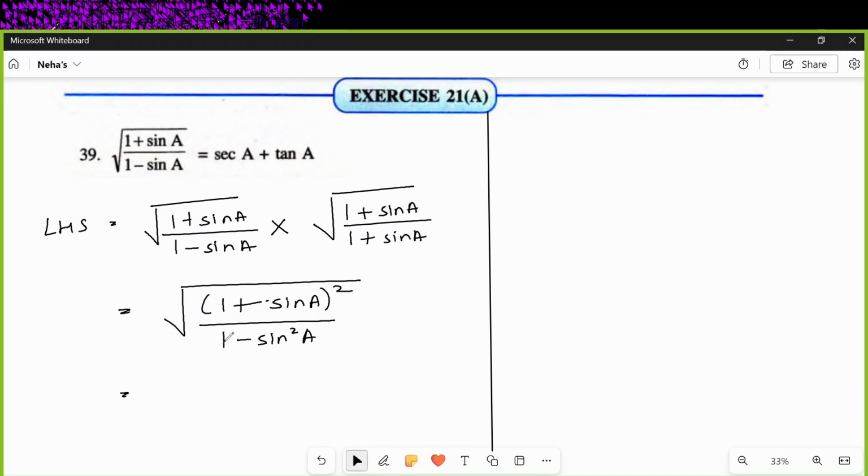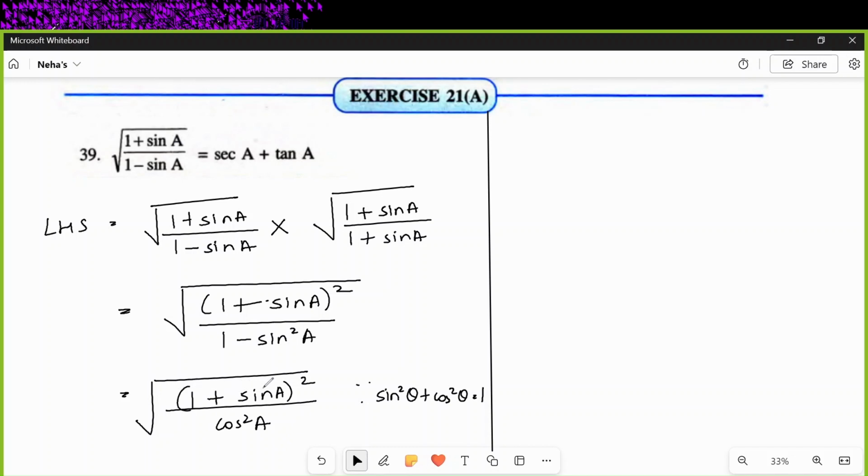Now 1 minus sine²A can be written as cos²A, as sine²θ plus cos²θ is equal to 1. Therefore 1 minus sine²θ is equal to cos²θ, and the numerator will be written as it is for now. Now we can find out the square root of the terms that we have got over here.